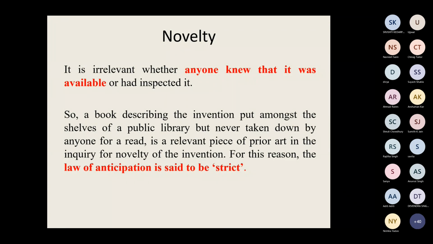That is why we say that anticipation is strict, even if it is in a language which is very rare. Many people would not have read that book and would not have come to the invention, but still it will be a part of the prior art. It will be considered while examining the present invention.